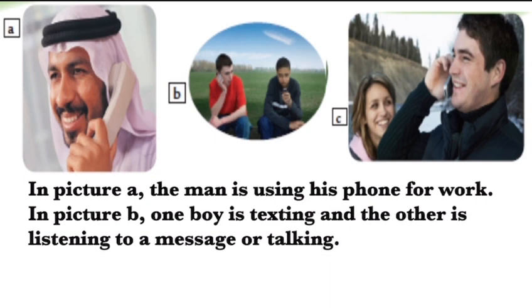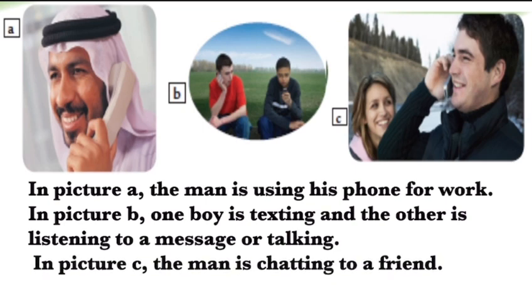Excellent. In picture B, one boy is texting and the other is listening to a message or talking. Okay, what is happening in picture C? Excellent. In picture C, the man is chatting to a friend.